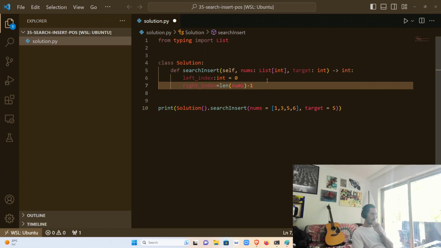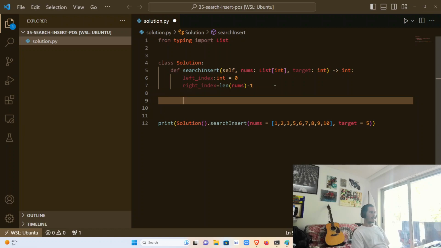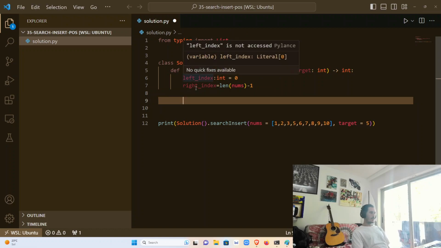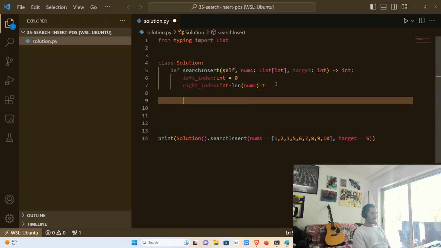I'm going to do it with the bigger one, otherwise it's a bit hard to look at. So also the type, integer. And now let's just do while true.